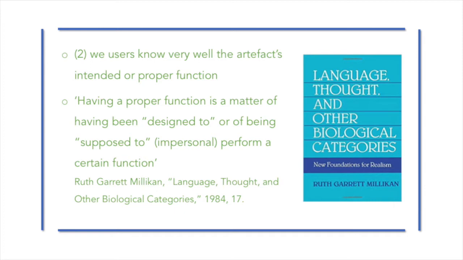The term proper function, in simple words, refers to what the artifact or a biological device in Millikan's account is meant for. Millikan argued that having a proper function is a matter of having been designed to or of being supposed to perform a certain function.